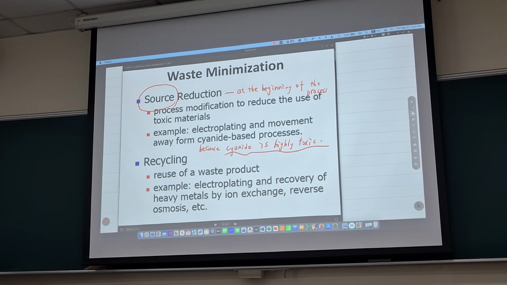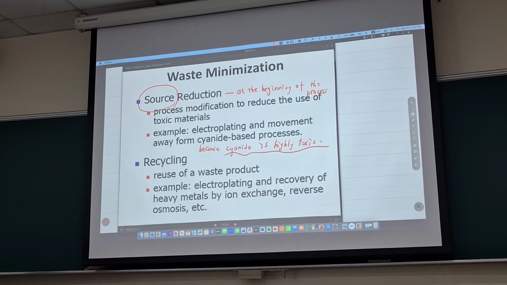You can use some other chemical instead, right?